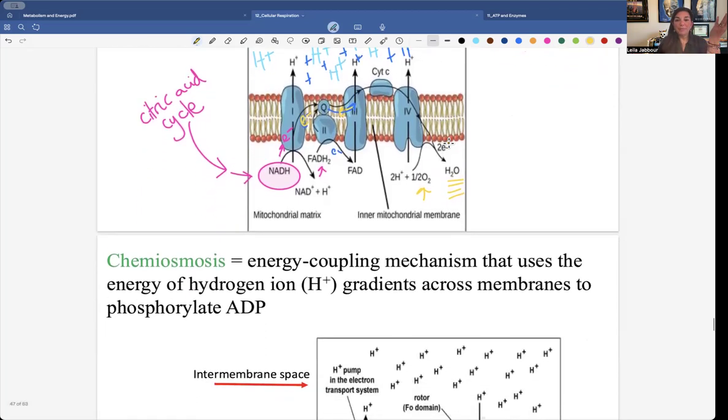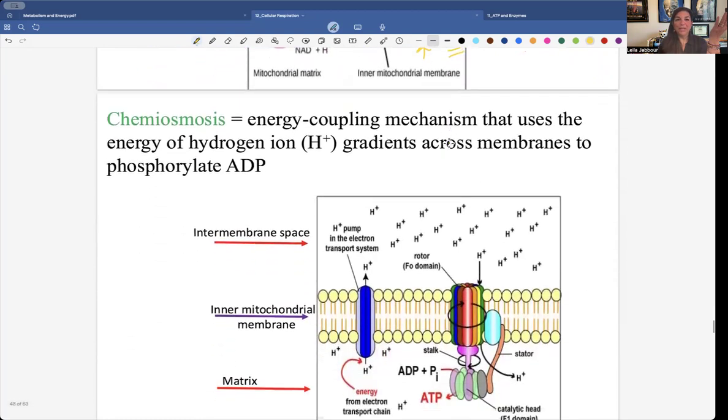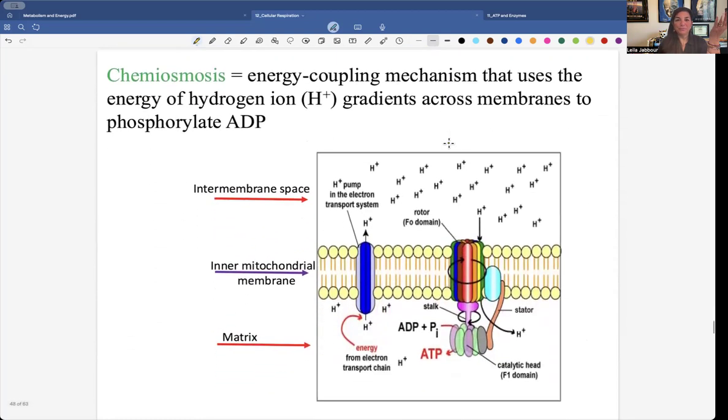So what happens next? We have chemiosmosis. So what the heck is that? It's the last piece of the story. After you've pumped all of these hydrogens, all of these hydrogen ions in that intermembrane space, right?